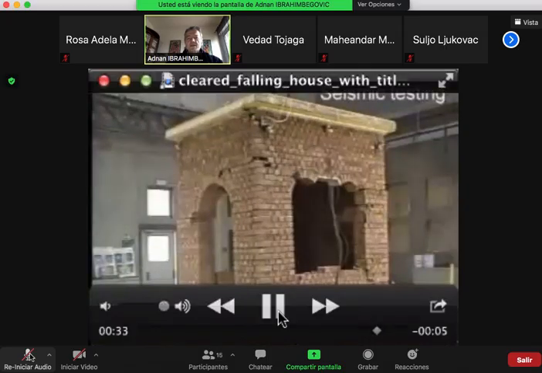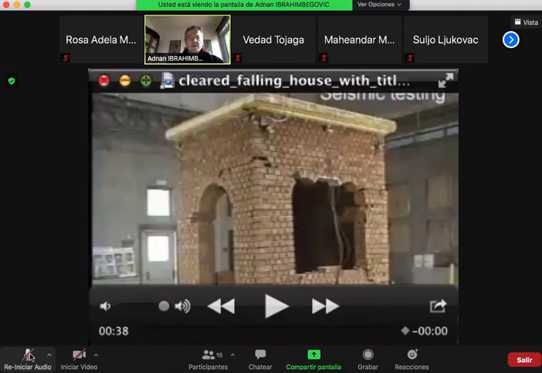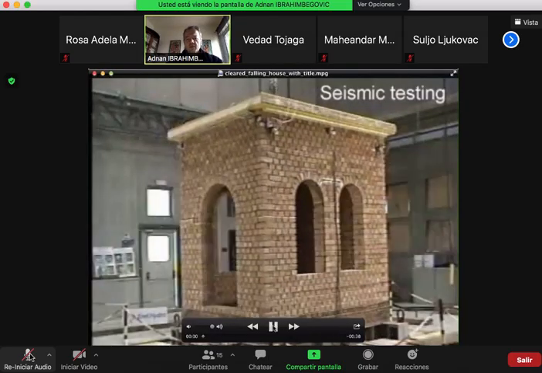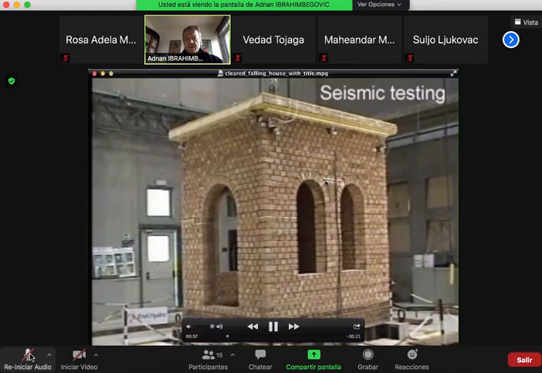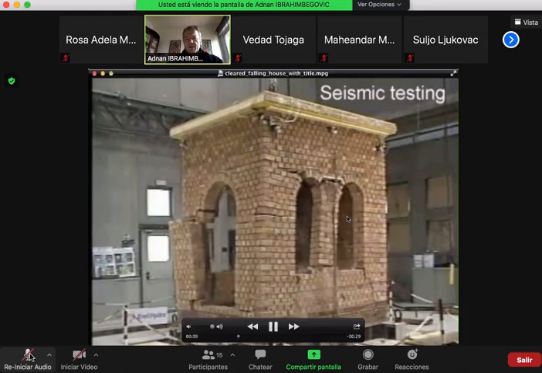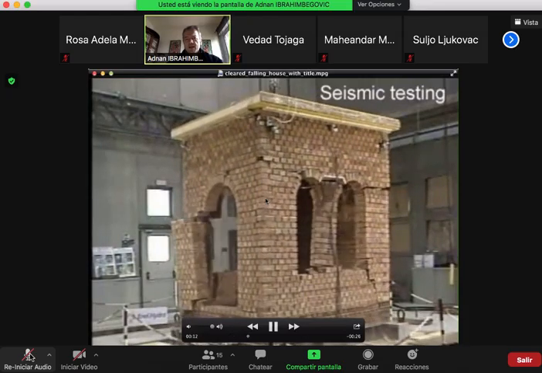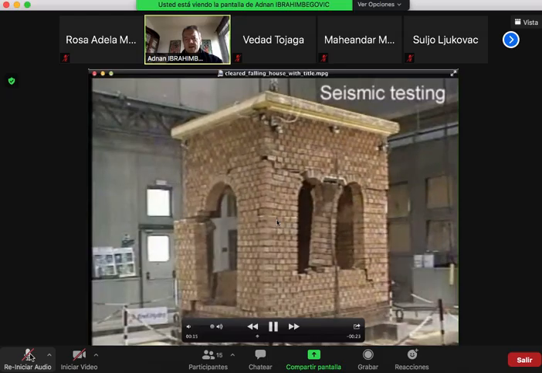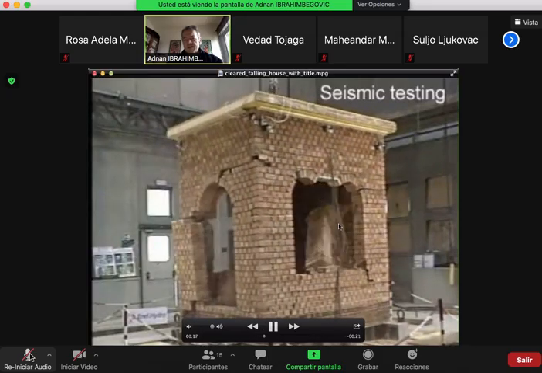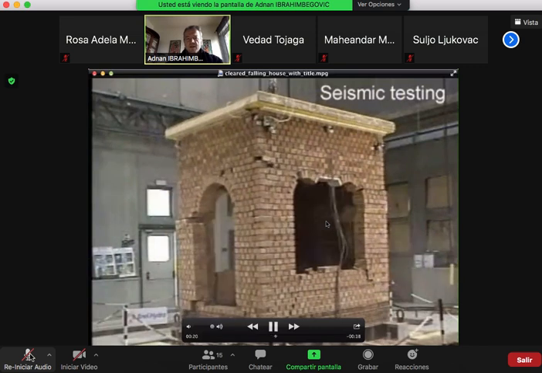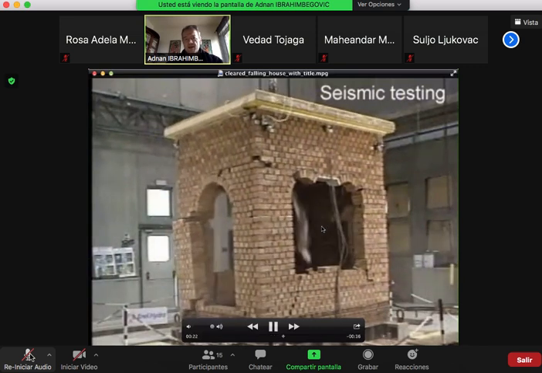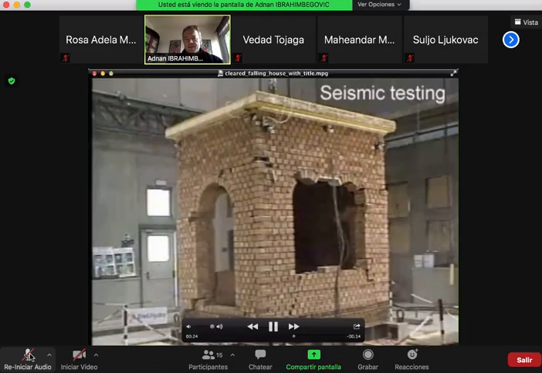You can say that this structure survived, but in reality, you would not want to live in a building like this, definitely. So basically, if you really want to run this in a meaningful way and you want to be able to estimate the damage, you can see all these important elements. There was really a lot of luck because all these damage mechanisms are there, the structure is actually falling apart, and there's local damage, but globally the structure survived, and it's really like a miracle that it has survived.